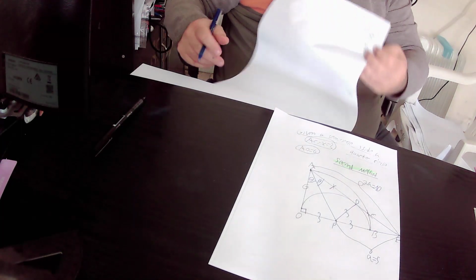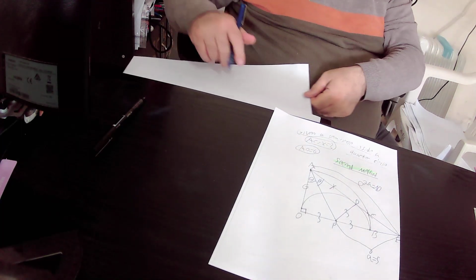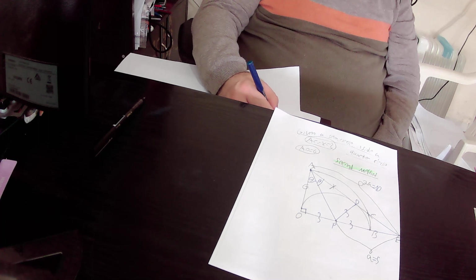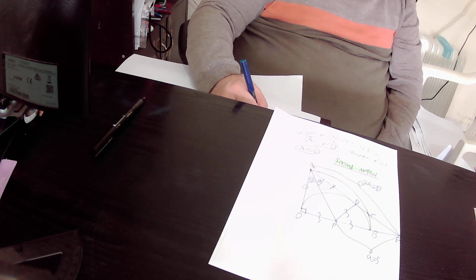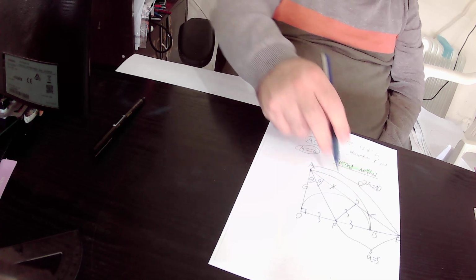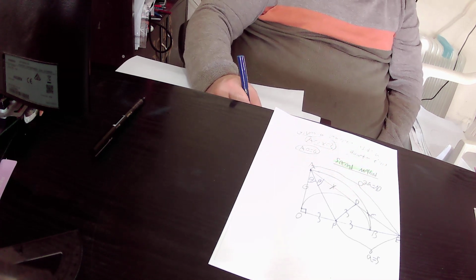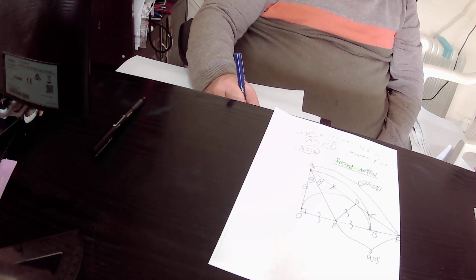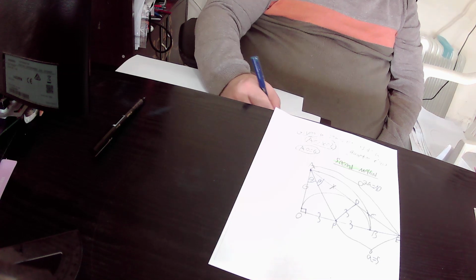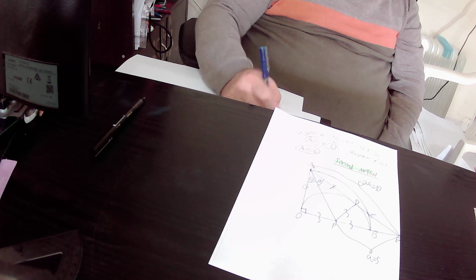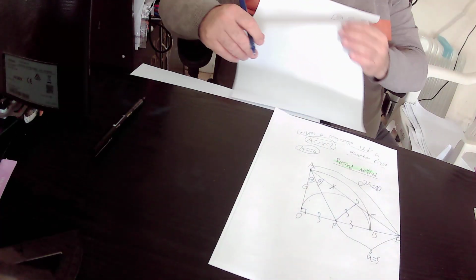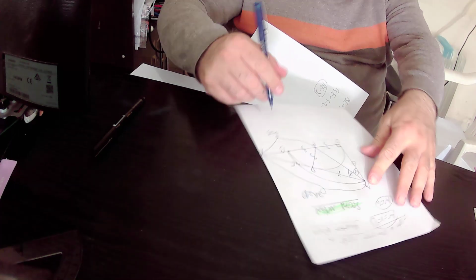So BE equals PE, which is A, that is 5, minus PB. PB is 3, that is the radius of the semicircle. So in conclusion, we found out that BE equals 5 minus 3, that is 2. So BE equals 2 units.